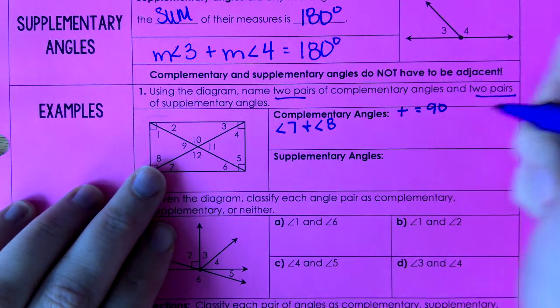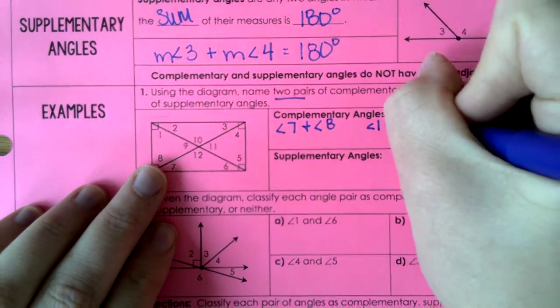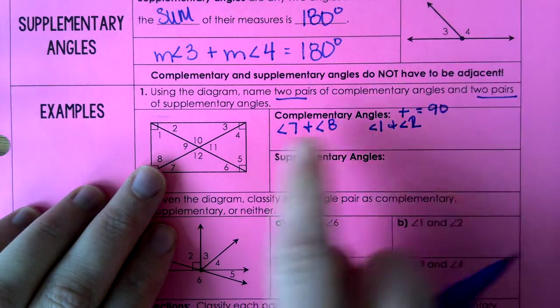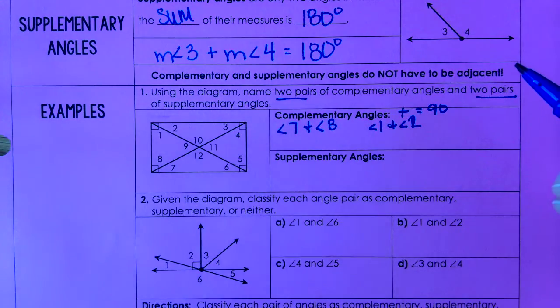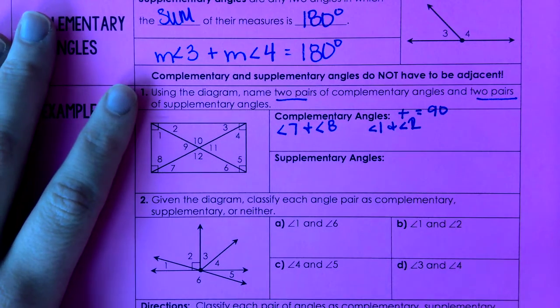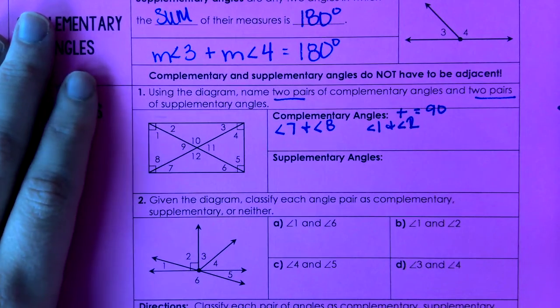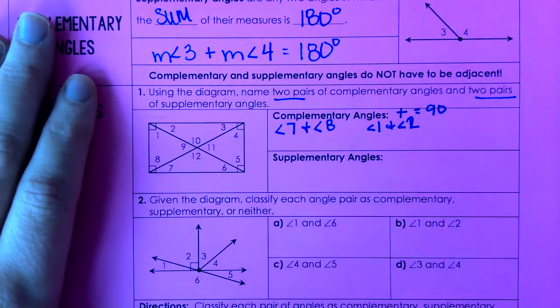Okay, who can give me another one? Yes, Peyton. Angle 1 and angle 2. If we were to stop here, we definitely could, but since we're going through this, I want us to name them all.